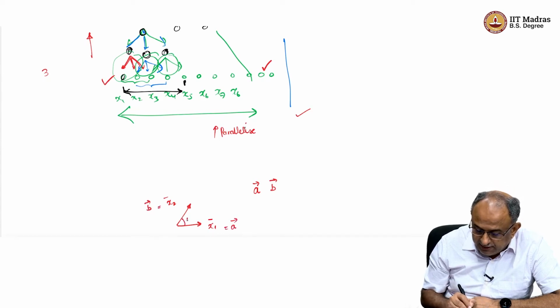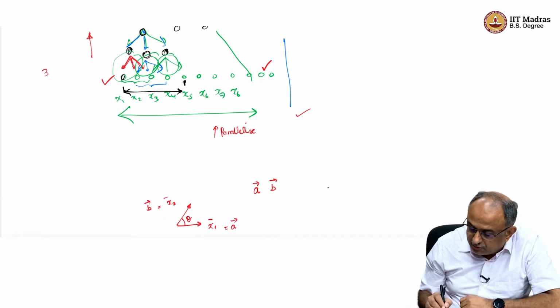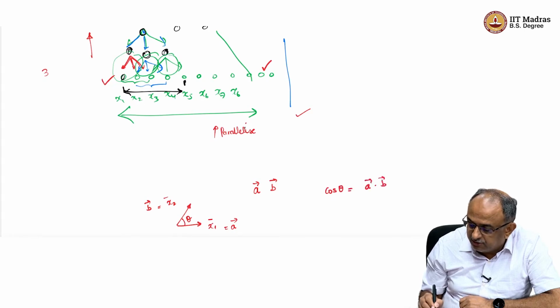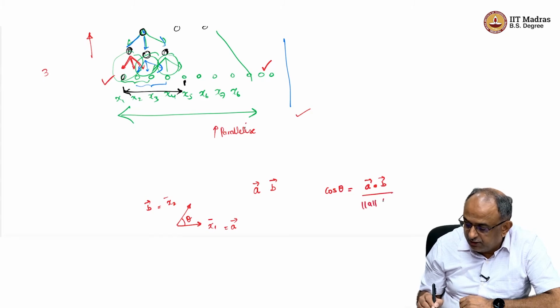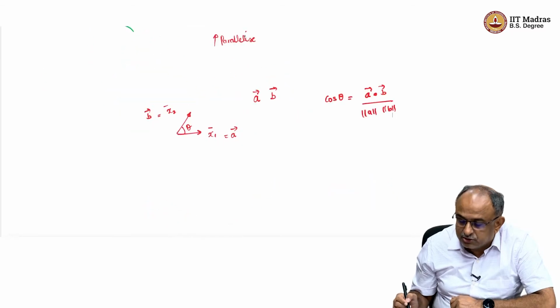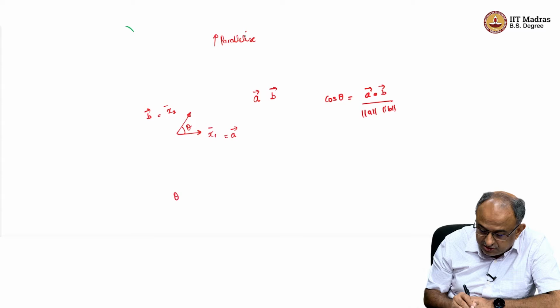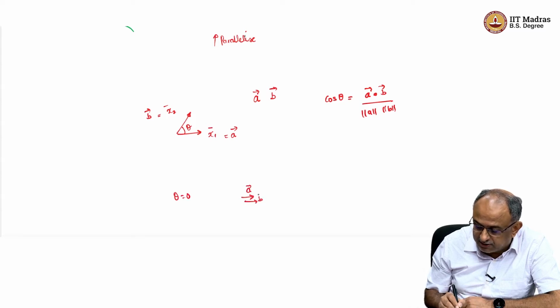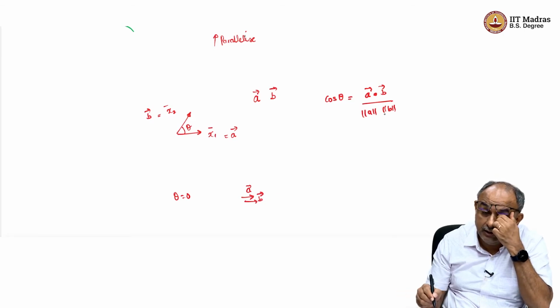Now how do I find the angle between these two vectors? cos theta, the angle between these two vectors, is nothing but the inner product, also called the dot product, divided by the norm of A and the norm of B. This is the way you would have written it in high school. So basically, if two vectors are similar, then theta is 0, that means A is like this and B is also in the same direction. And basically you are normalizing it by the vector length.